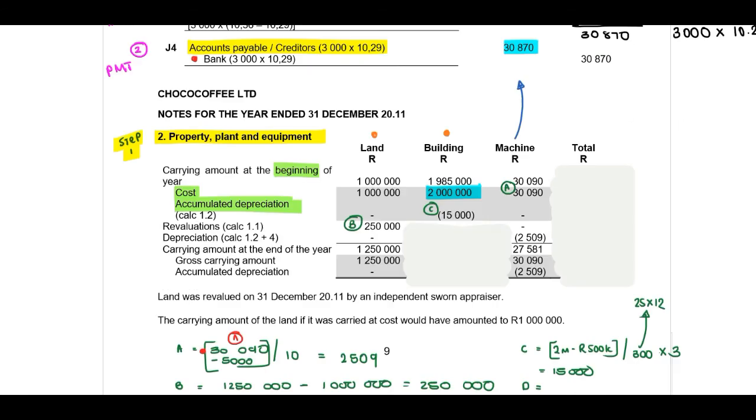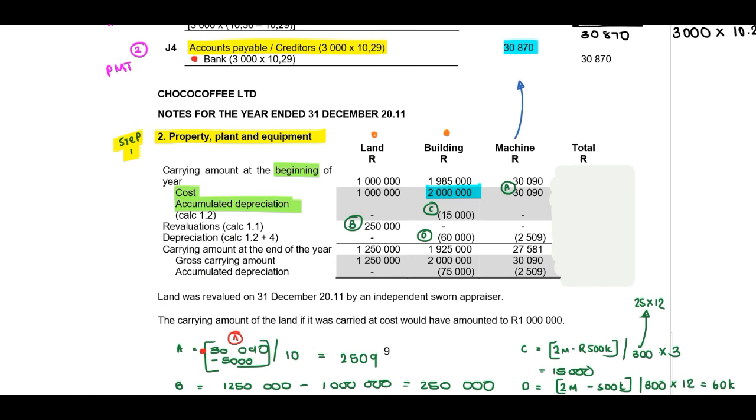Therefore, if you look at the bottom of your screen, again, we have our 2 million minus the 500,000 divided by 300 months times 12 months in 1 year, right? Therefore, we are now able to determine our depreciation will be 60,000, and this is our calculation D.